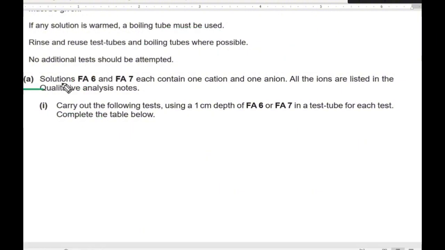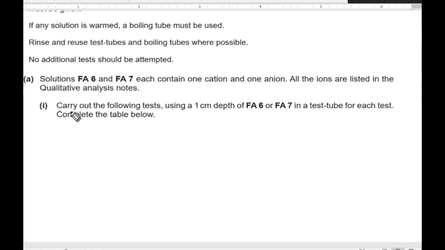You see here, solutions FA6 and FA7 contain one cation and one anion. Every sample contains one cation and one anion. All the ions are listed in the qualitative analysis notes.